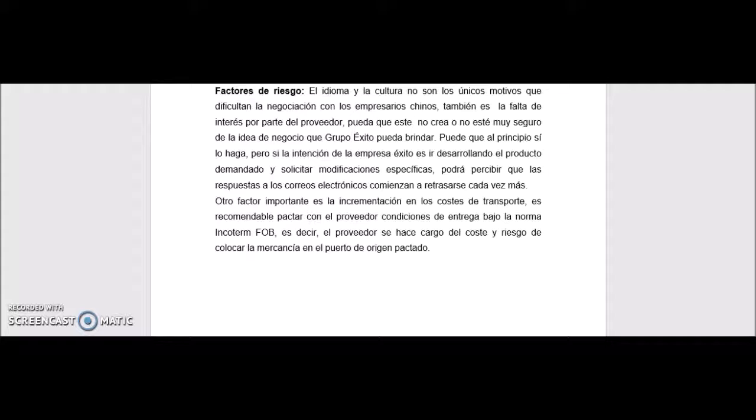But well, if what the company wants is to develop the product and make some specific modifications, you can just look that the responses to the emails and everything will start to be ahead, and to accumulate.